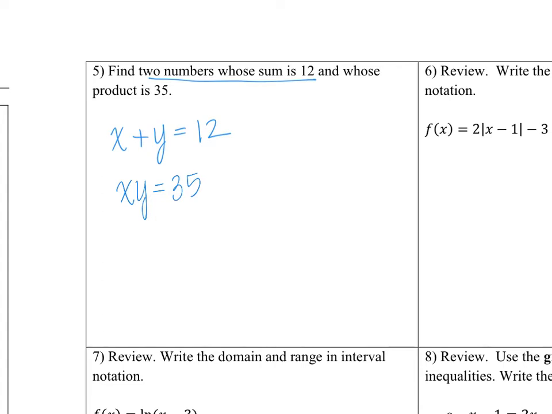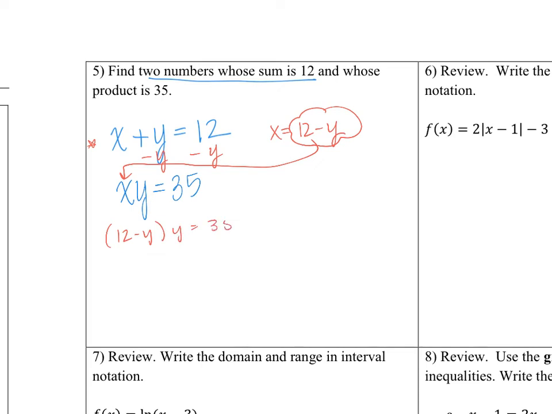Right now it looks like it's set up more for substitution. The first equation, I can make it so that it's just x equals something, so x equals 12 minus y. Then I can substitute that in for my x. That will be (12 minus y) times y equals 35, which if I distribute, is 12y minus y squared equals 35.